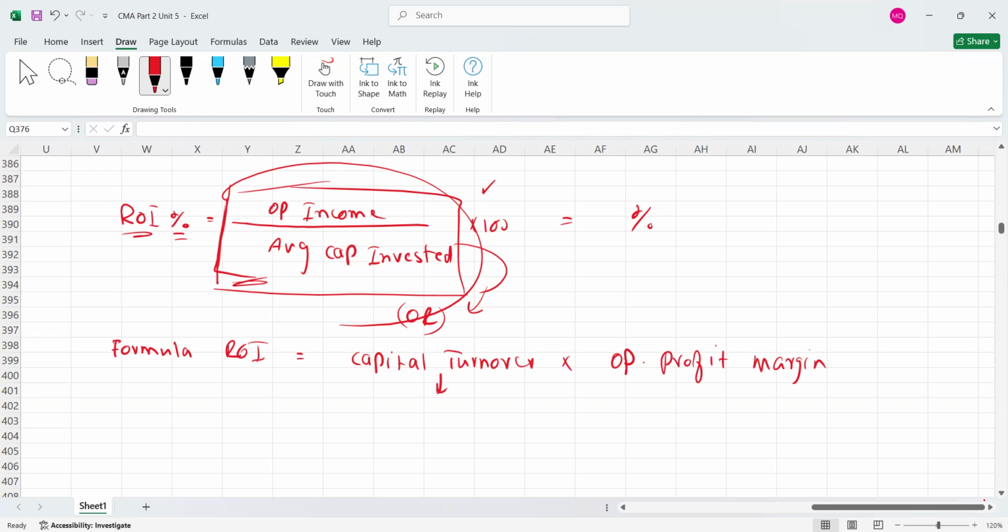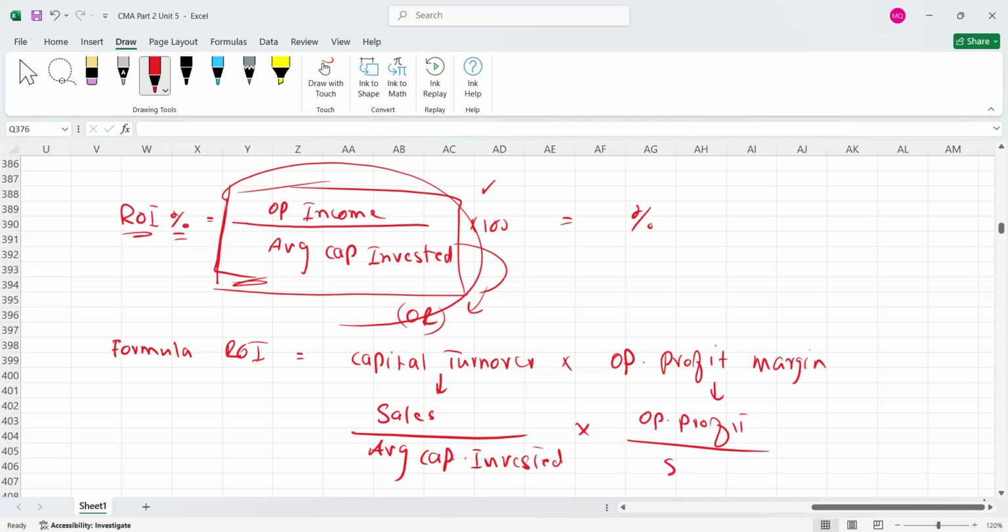Capital turnover is always calculated this way: sales divided by average capital invested. Okay, this is capital turnover, multiplied by the operating profit margin. We learned in the ratio section how operating profit margin is calculated. We always take operating profit as the numerator, and we always divide by the sales value.